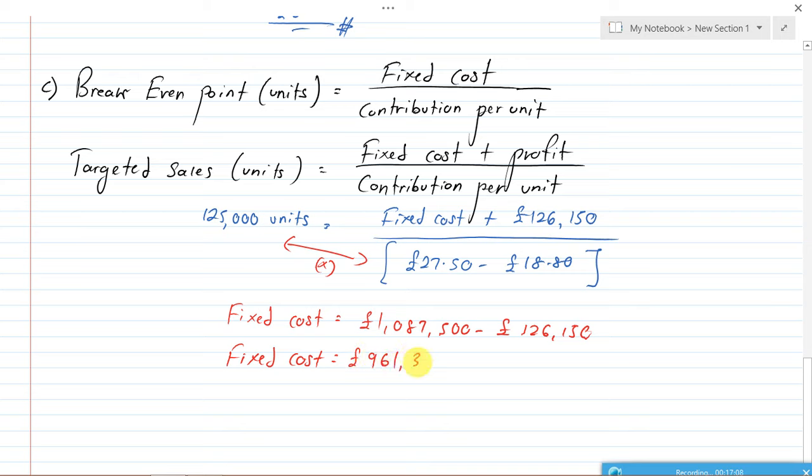Now this goes into your what? This goes into your break-even point over here, which is 961,350.